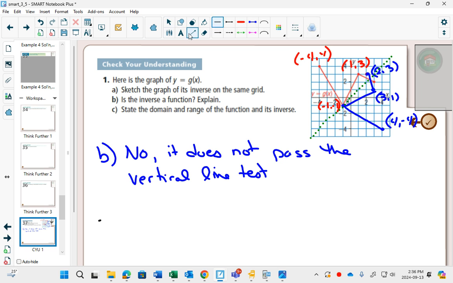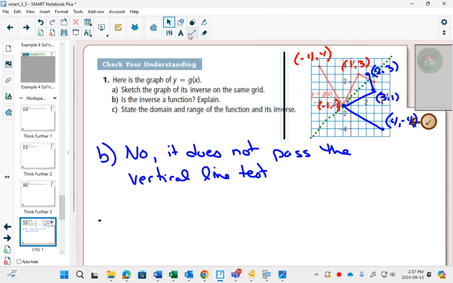In mathematics, something is a function if every x value has only one y value. And we can check that with something called the vertical line test.